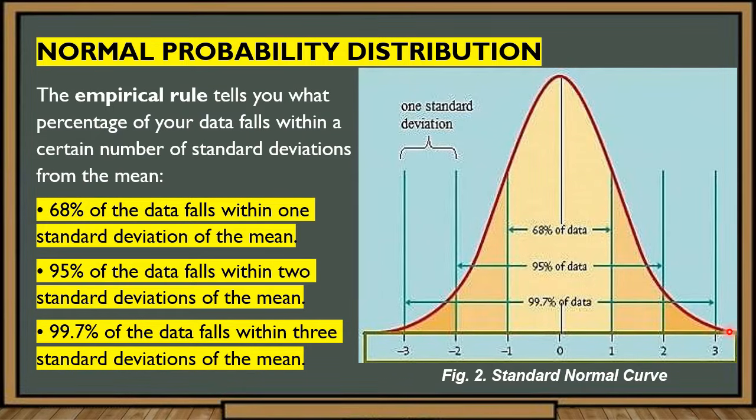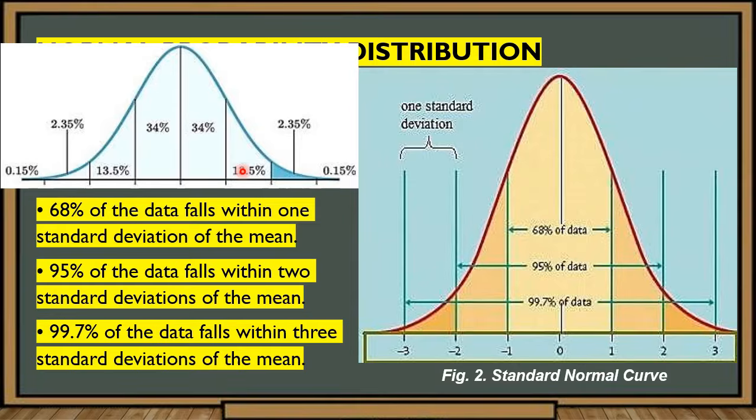So this is 99.7% of the data. Looking at the distribution by percentage, if this is 0 and this is 1, then from 0 to 1 the region covered is 34% of the data. Same with from 0 to negative 1, this is also 34%.